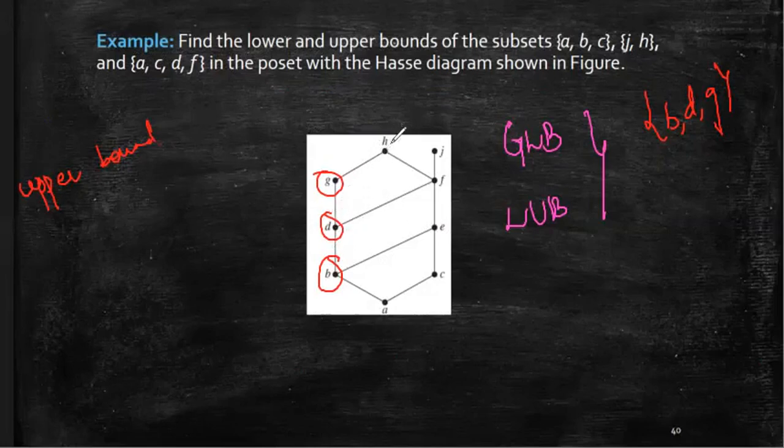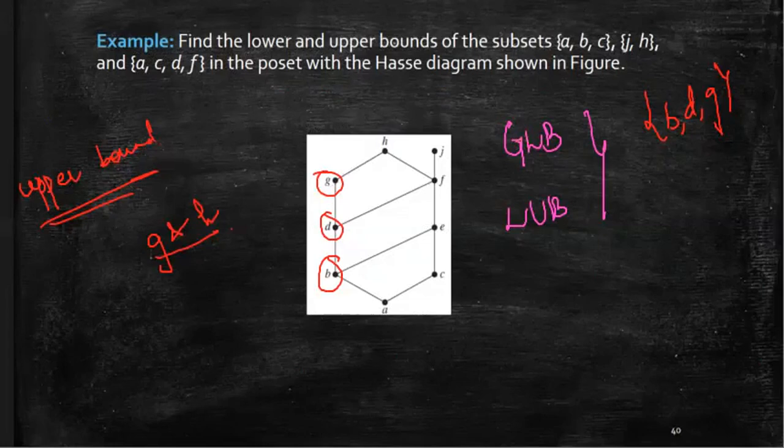Similarly, D has an edge with H, and G also has an edge with H, and B also has an edge with G. D will have an edge with G, and the element G itself is greater than or equal to G. So the upper bounds will be G and H, so in this case we have to find the least upper bound.